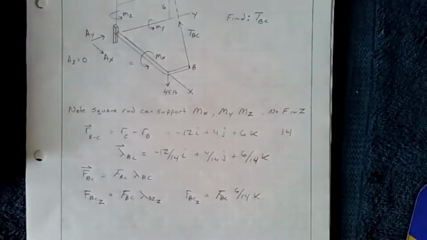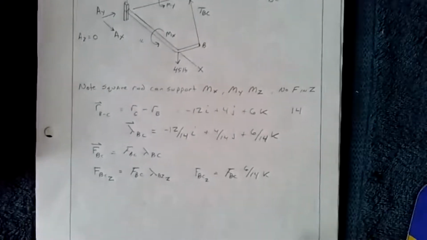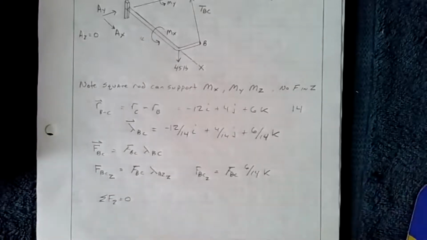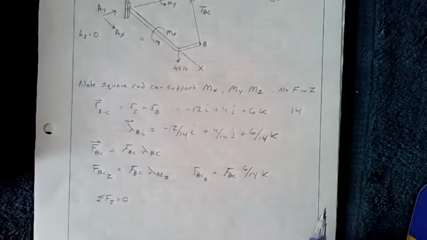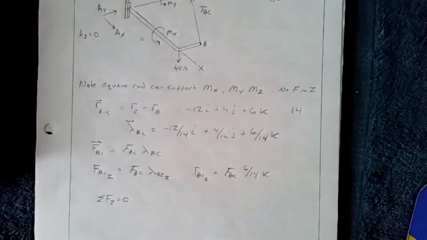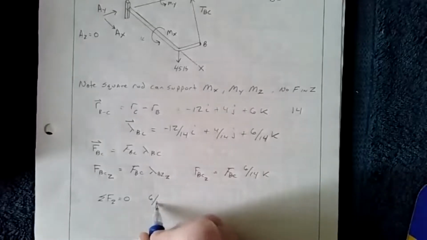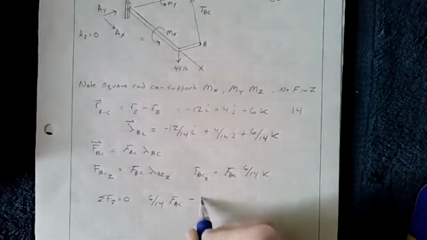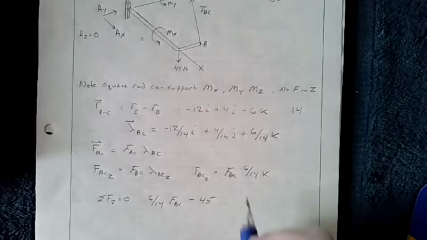Okay, and that's it. So if that's the case, and I sum my forces in the Z, then what do I have? I have 6/14 minus, I have 6/14 FBC minus 45 is 0.